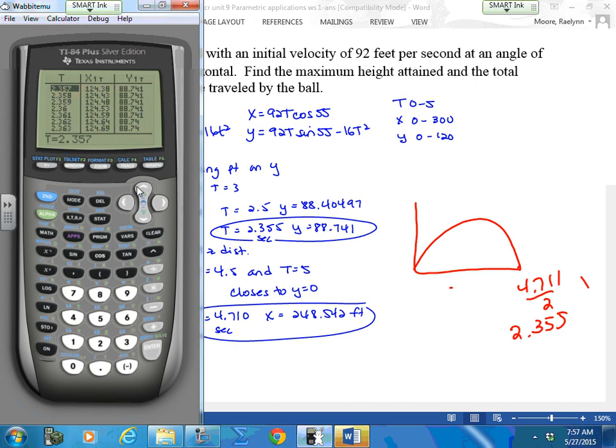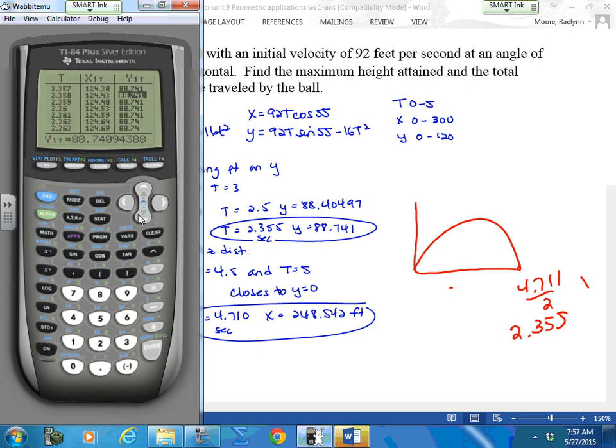So if you want to take this time, 2.357, 2.355, that's close enough. You see what I'm saying? It's so close in this part here that they're all rounding to the same 7.41. But if you look here, you can actually see the difference. See it? It changes here, but it all rounds to the same 7.41.